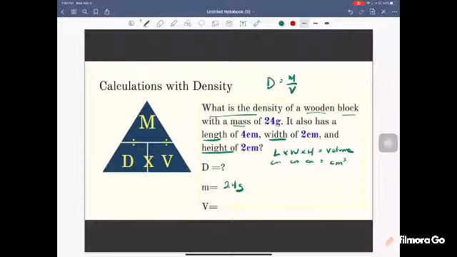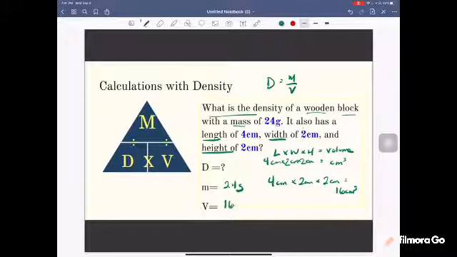So if I take 4 centimeters of length times 2 centimeters of width times 2 centimeters of height, that together is going to equal 16 cubic centimeters.